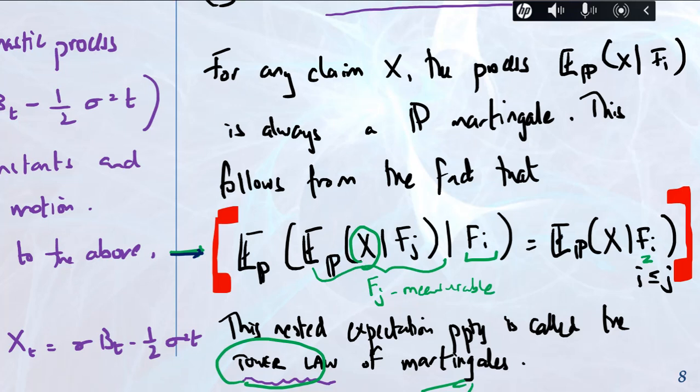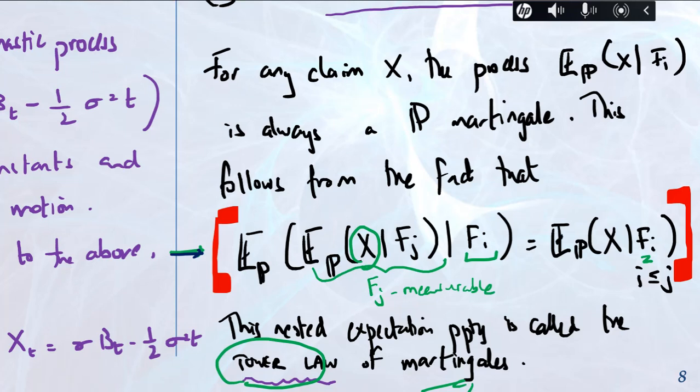Now I have something in terms of Fj, where j is greater than i, so j is further along the timeline with respect to i. When I take the expectation given Fi on this part, what does it give me? It gives me the expectation of X given Fi.